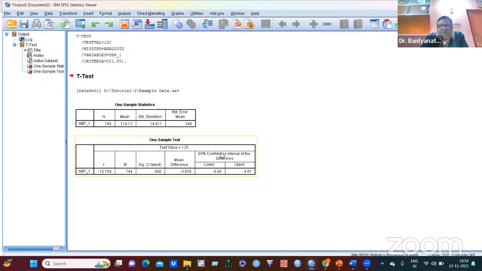So 95% confidence means this is the lower limit, this is the calculated value, and this is the upper limit, also a calculated value. So there is a 95% chance your population mean falls in this range. This is the interpretation of the one sample t-test.